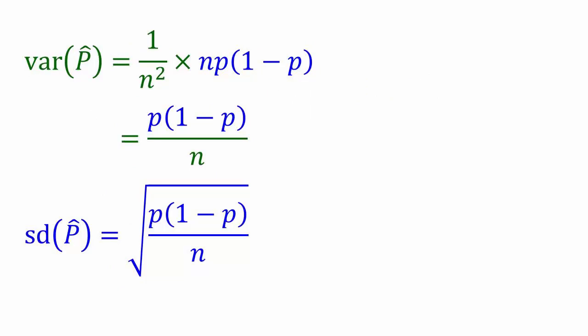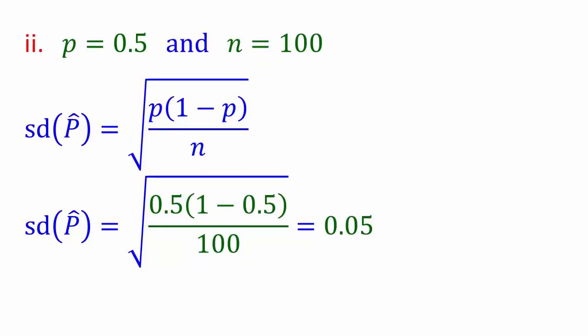So the standard deviation is the square root of p times 1 minus p over n. So that's where that formula on the formula sheet comes from. In this case, p is 0.5, n is 100, and this is one that you can do in your head. Substituting those values, we get 1/4 at the top and 100 on the bottom, so it's going to be 0.05.